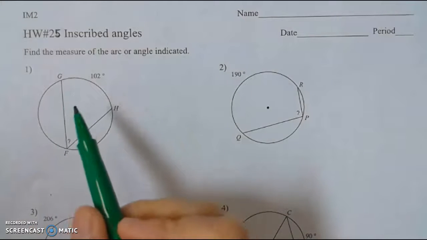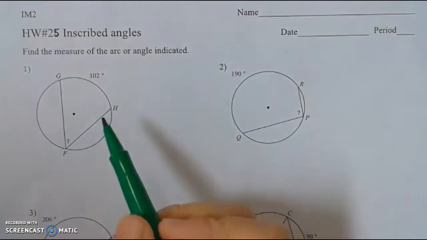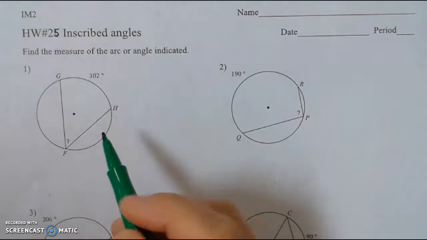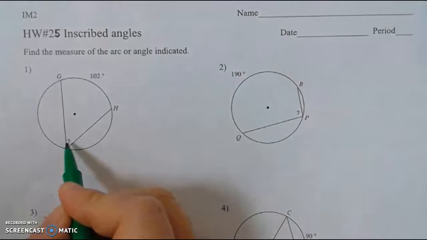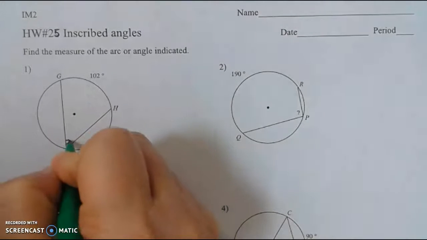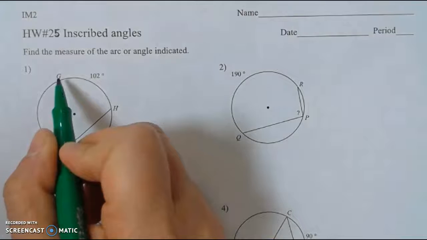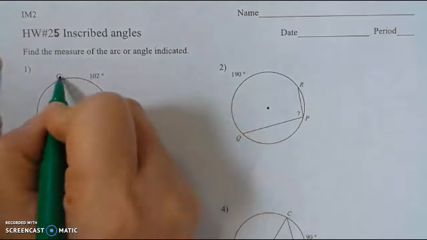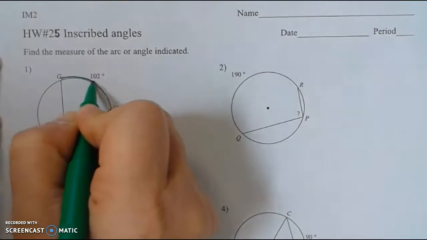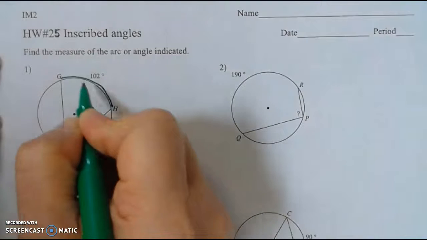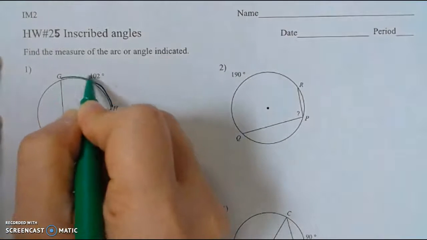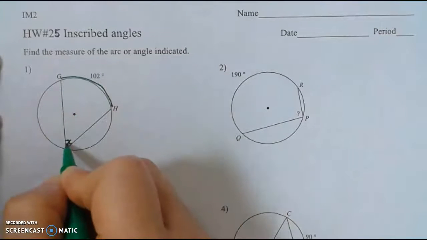So the first page is asking you to find the measure of the arc or angle indicated. What is the question mark here? I'm just going to change that to an X. Okay, so we're given the arc measure to be 102 degrees. What is the relationship between this arc measure and this unknown angle?